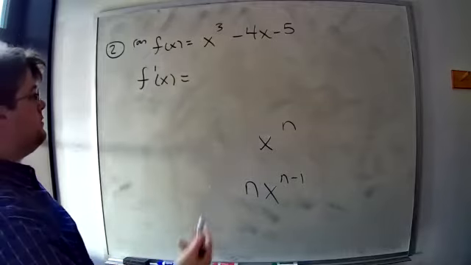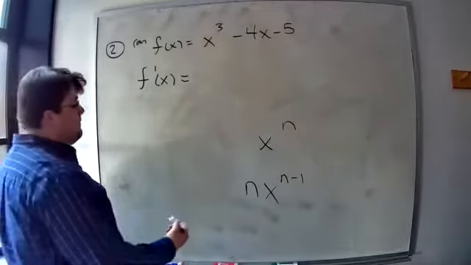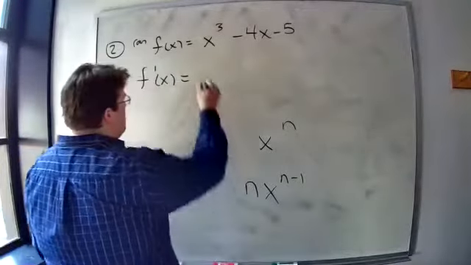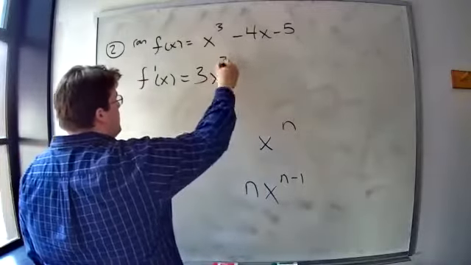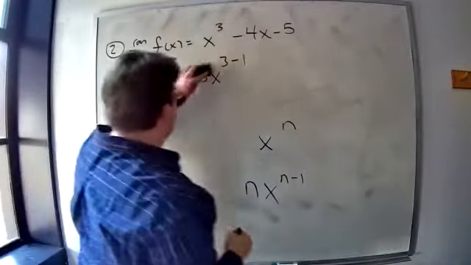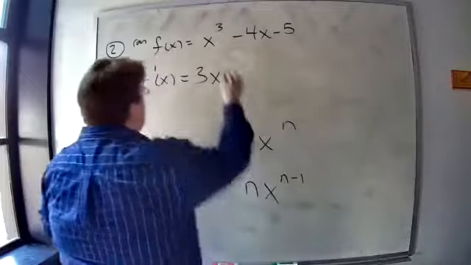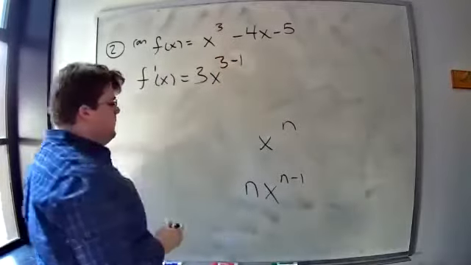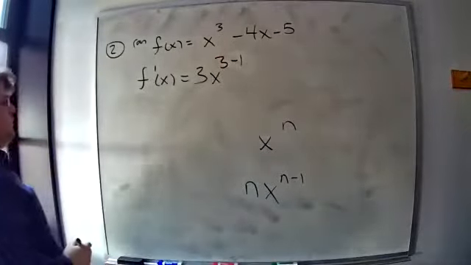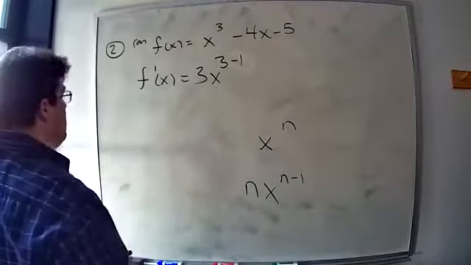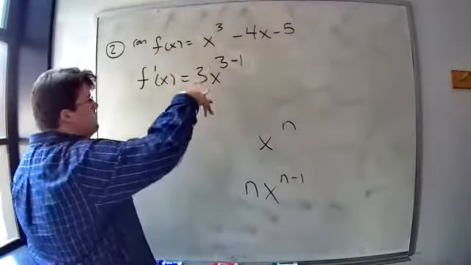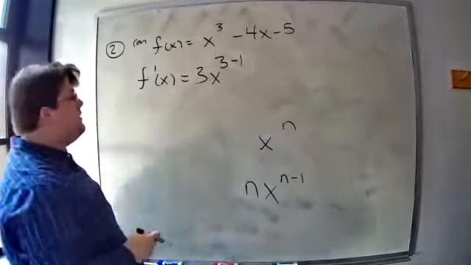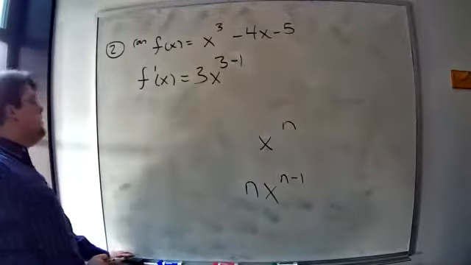So here for x cubed, we have n equals 3. If n equals 3, we have 3x to the 3 minus 1. Any questions about dealing with the x cubed? Of course, that simplifies to 3x squared, but we'll get there in a moment.